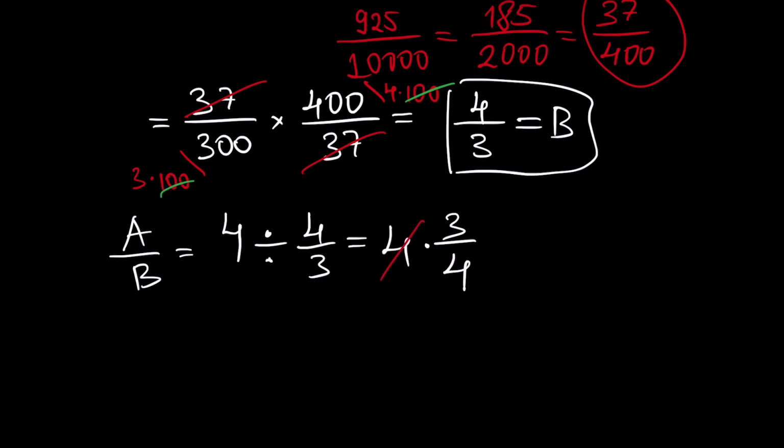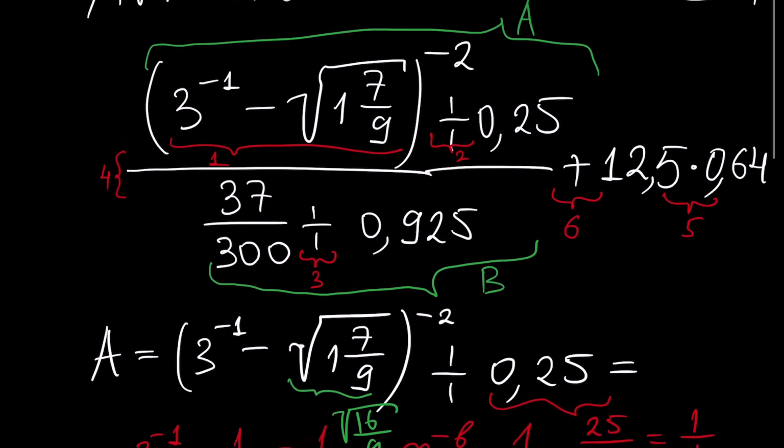Here we have cancellations. It will be 3. So our A divided by B is 3. Next, we perform this multiplication and add this result to our 3. Let's do it. Let's rewrite this.